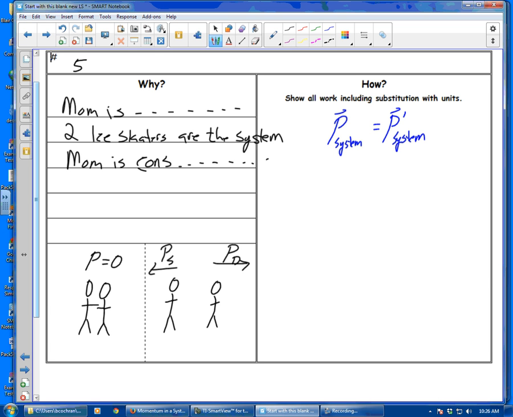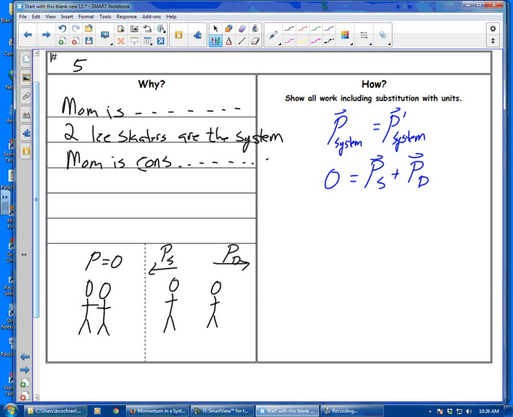And so beforehand, I don't have any. That's easy. Afterwards, I have two objects. I have the momentum of the skater plus the momentum of the dater. And notice that they're both vectors, right?